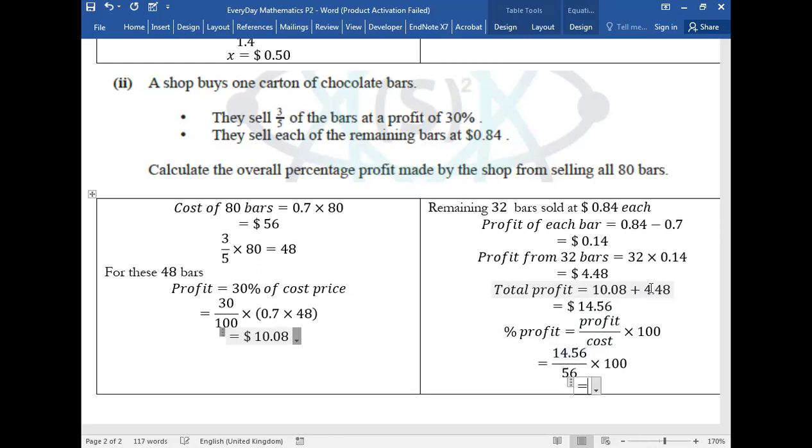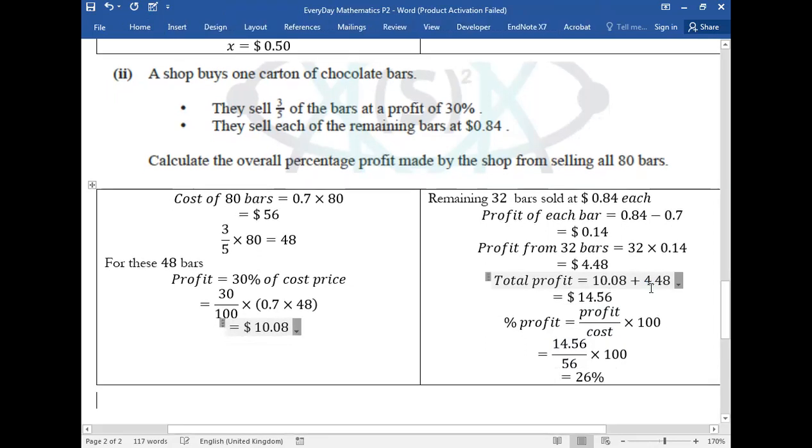What is the percentage profit then? Make sure you're right. You're writing every step down, because if you're only using the calculator, it will get you nowhere. Exactly 26. So 26% is the overall percentage profit.